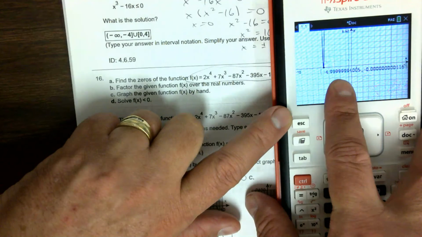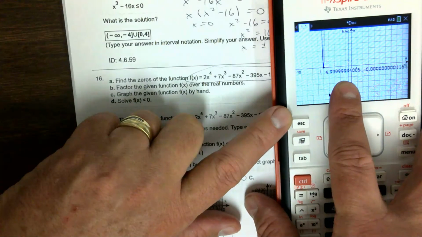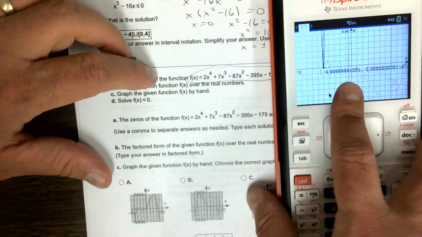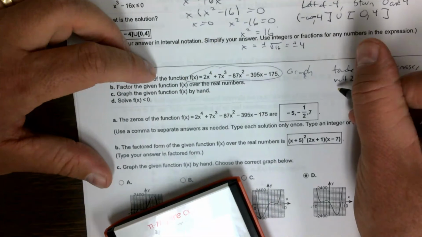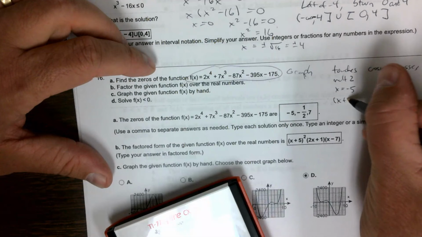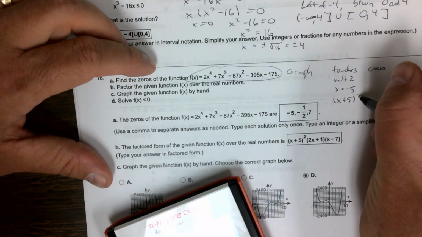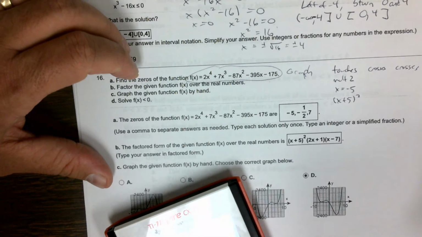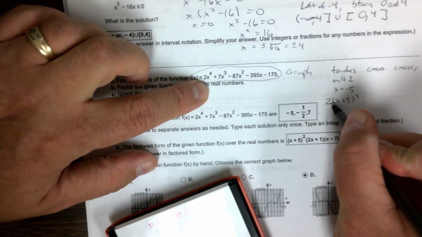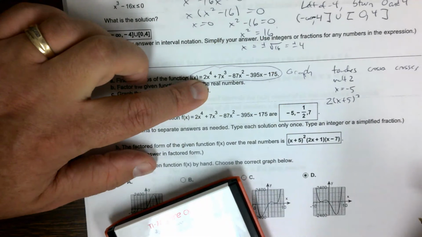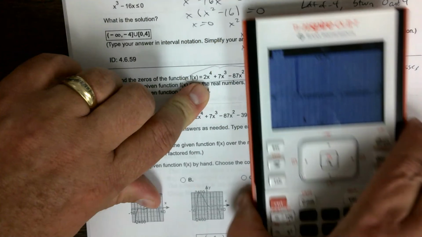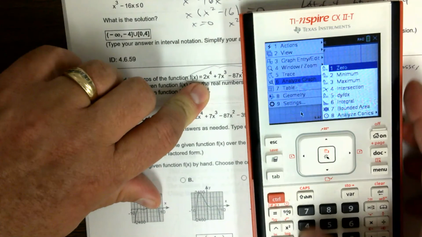We can just round that to -5 because it's -4 point and a ton of 9s. So this is at x equal -5, which means (x plus 5) squared. By the way, if we're building our factored form, we have to put the 2 in front, right? And then this one crosses. So menu 6, 1, from here to here.